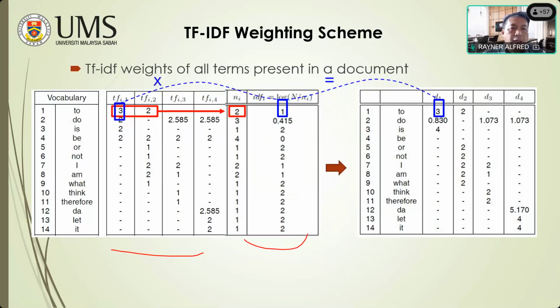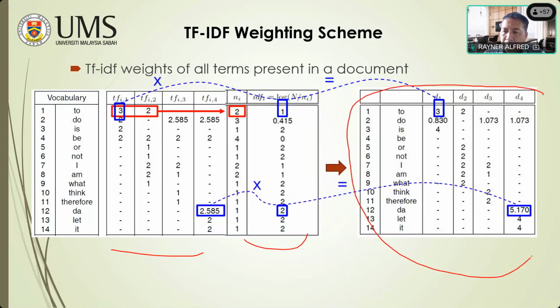So at the end, we just multiply 3 and 1, and then this one is 2.585 times 2, then you get 5.170. So these are the final TF-IDF values that will be used for ranking.